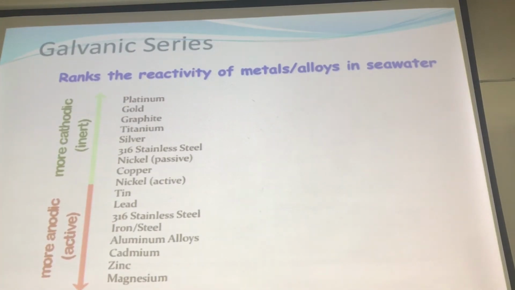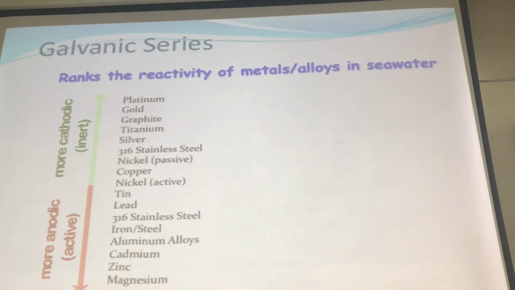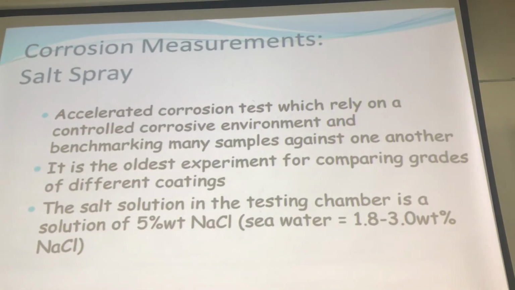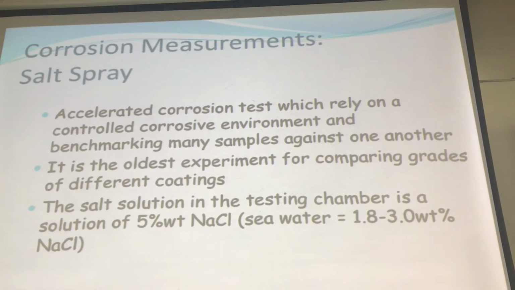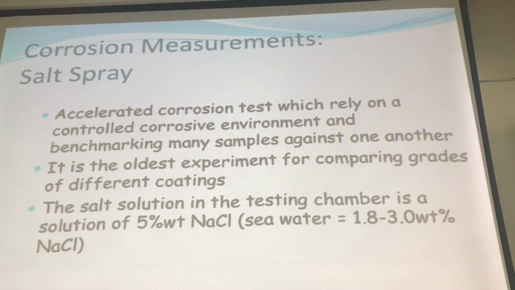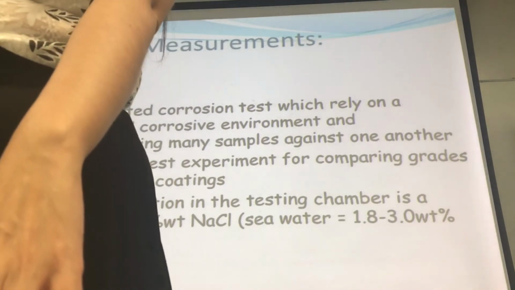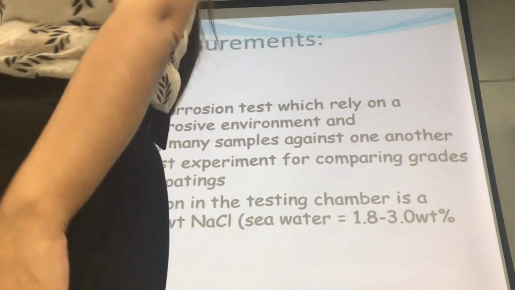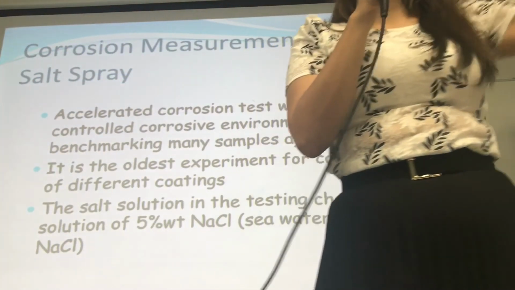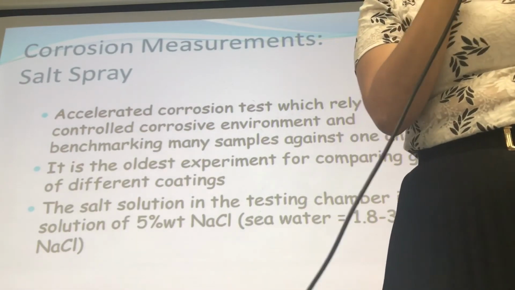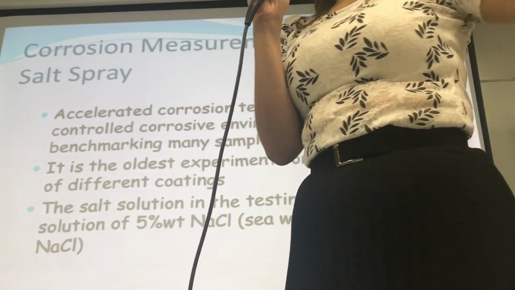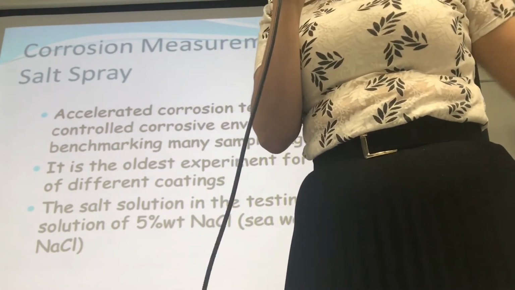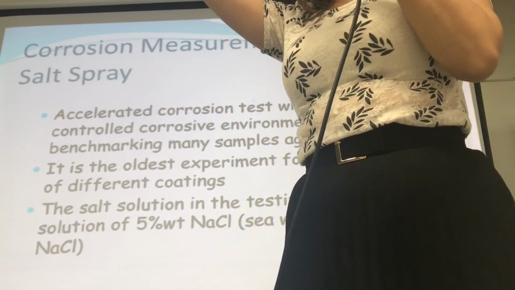Pay attention, two more slides and we are ready to go. Corrosion measurements. Metal tends to corrode easily in salt, in seawater. So in order to isolate the corrosion, we spray salt onto it, put it in a certain condition at a certain temperature, and see if it corrodes easily or not.